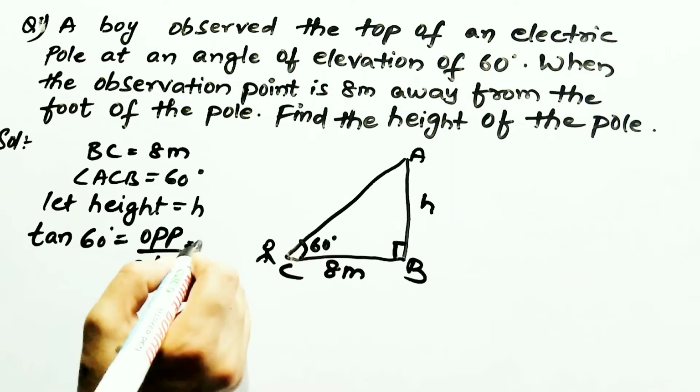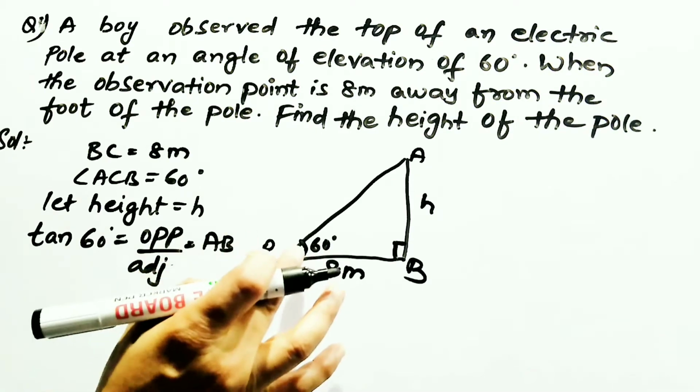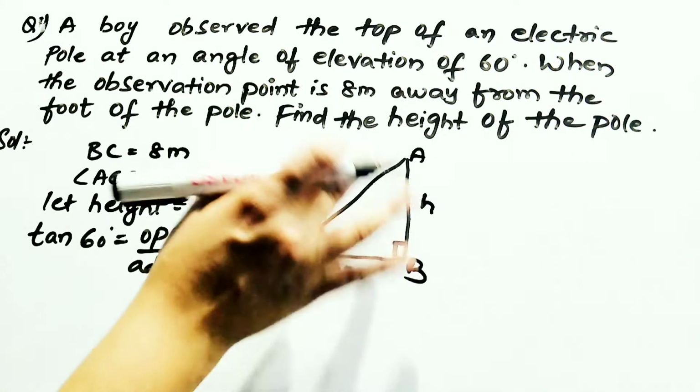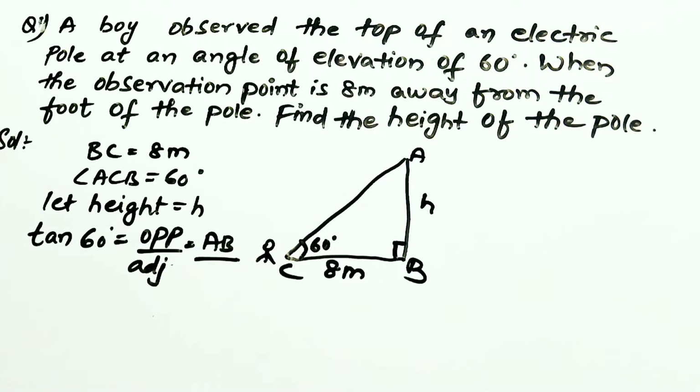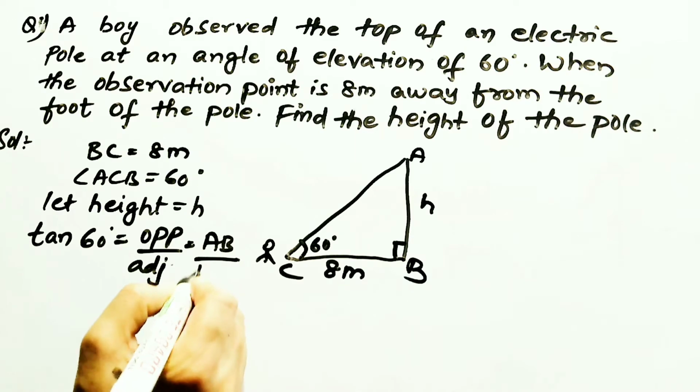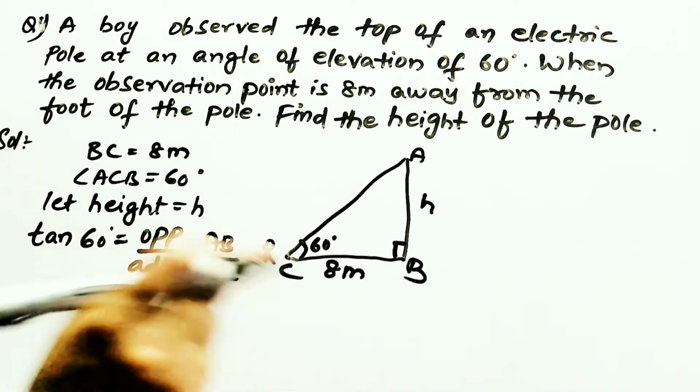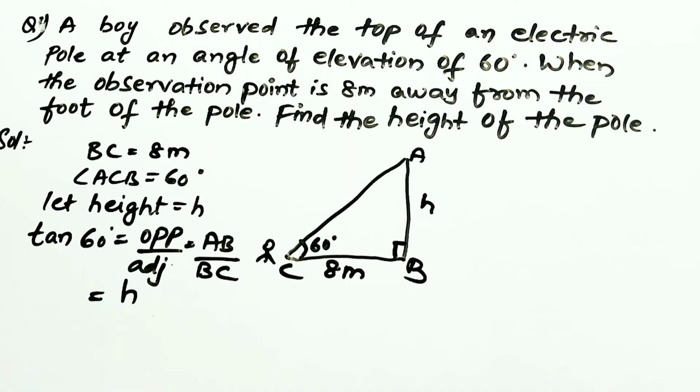What is your opposite? AB. The side opposite to theta is your opposite side, that is AB. What is your adjacent side? The adjacent side is BC. So AB is h and BC is 8. What is the value of tan 60? Tan 60 is root 3.